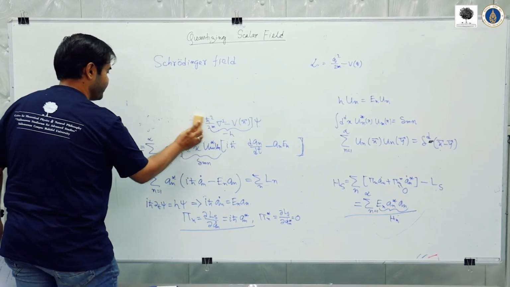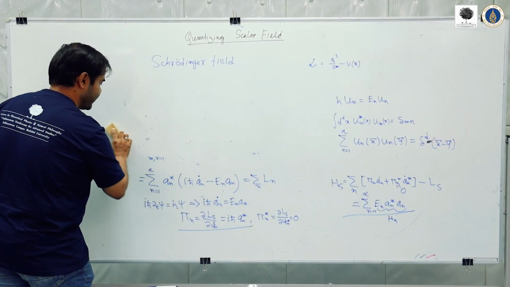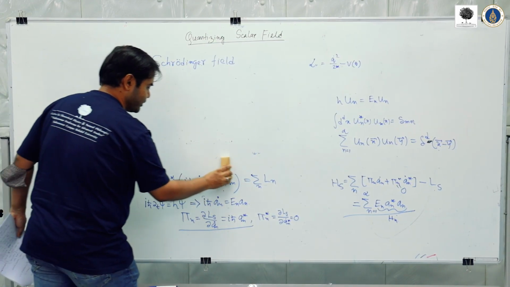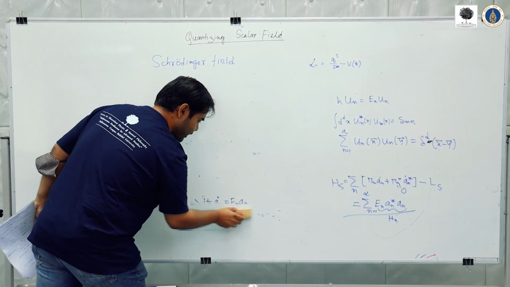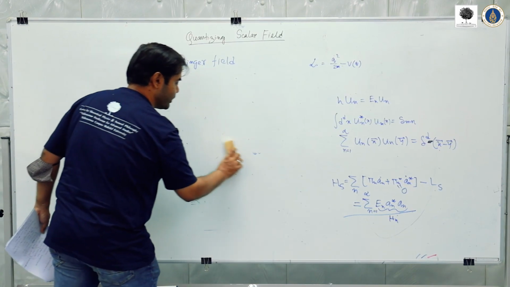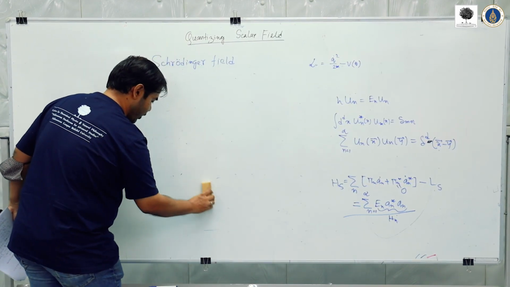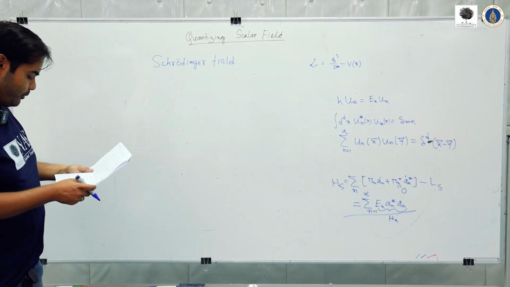It is very simple, that these classical coefficient functions an or an star, just upgrade them to operators. And what does the operator do? The operator have non-trivial commutation relation.